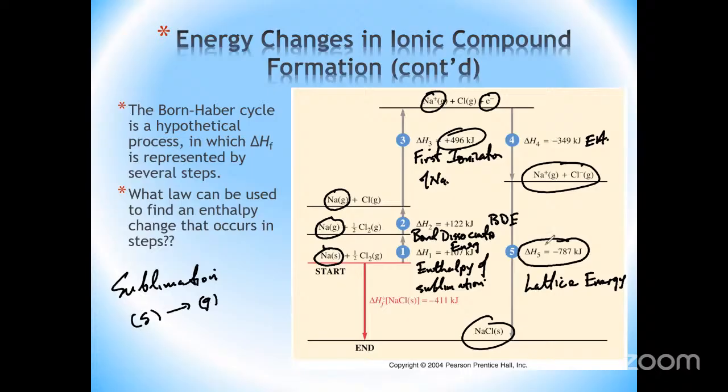So I'm going to stick to that definition, because you're using a textbook which has that definition. So the lattice energy would be the energy where you have the sodium chloride forming the sodium and chloride ions, which means that according to that definition, this would not be negative. It would be positive 787 kilojoules. So we're going to stick to that definition.